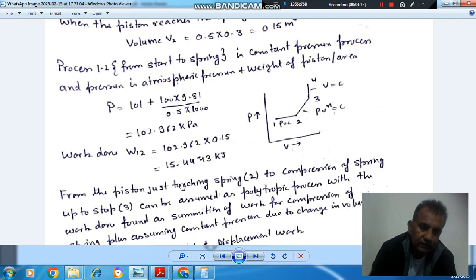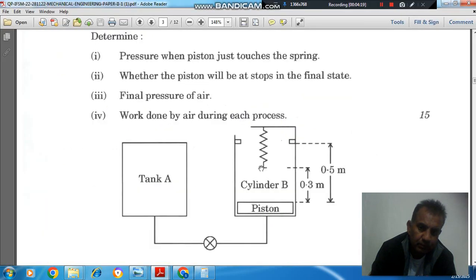Now once the piston has reached the spring, the constant pressure process will not take place, because some work has to be done for compressing the spring, and some work has to be done for displacement up to the stop. That combined work makes the total.